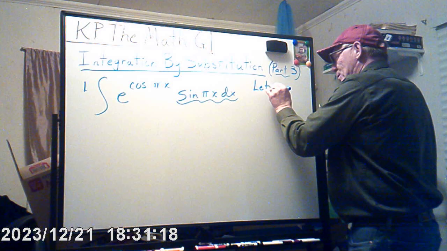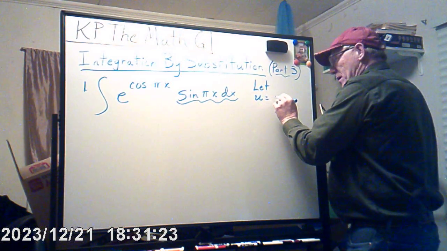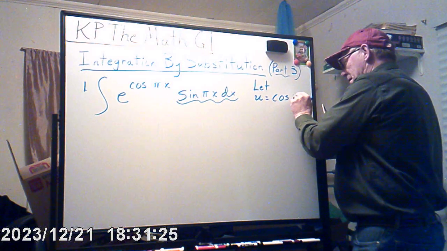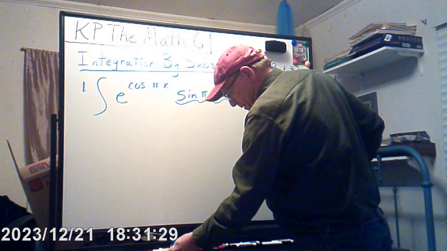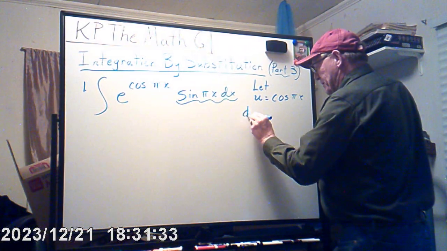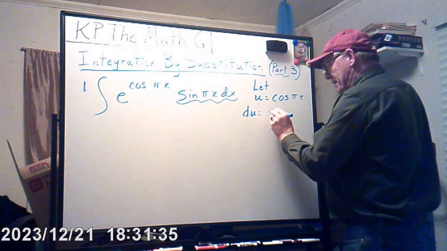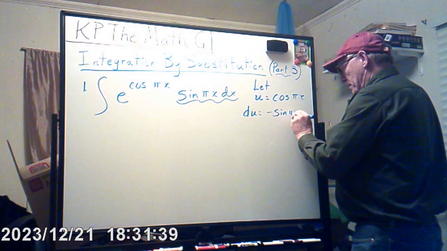So I'm going to let u be equal to cosine pi x. Let me make sure this is right. Now the derivative of cosine is negative sine pi x.